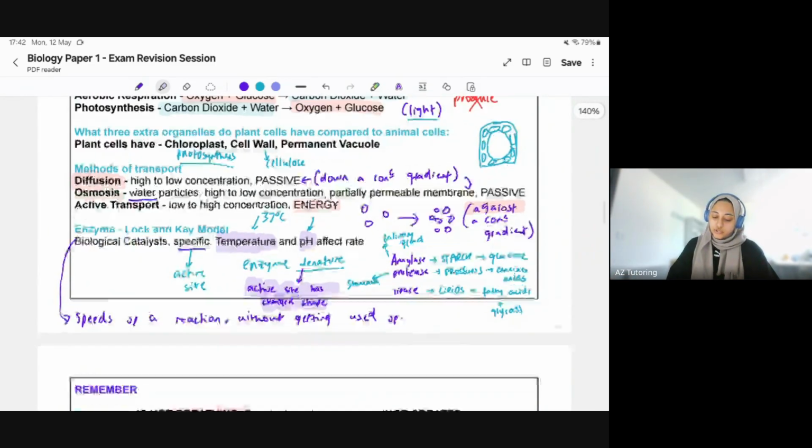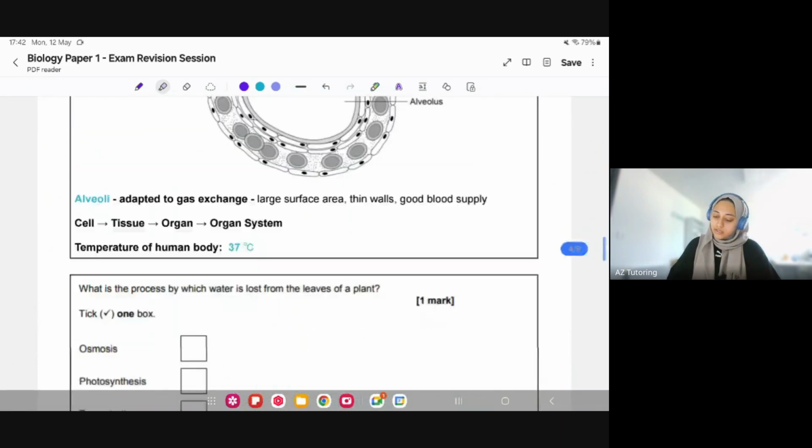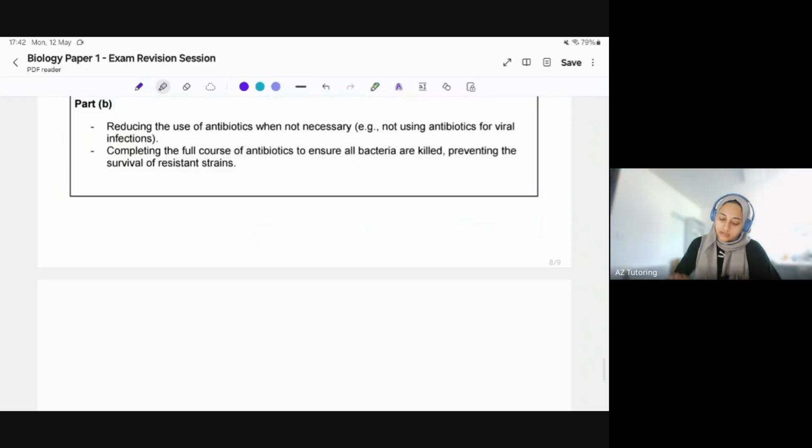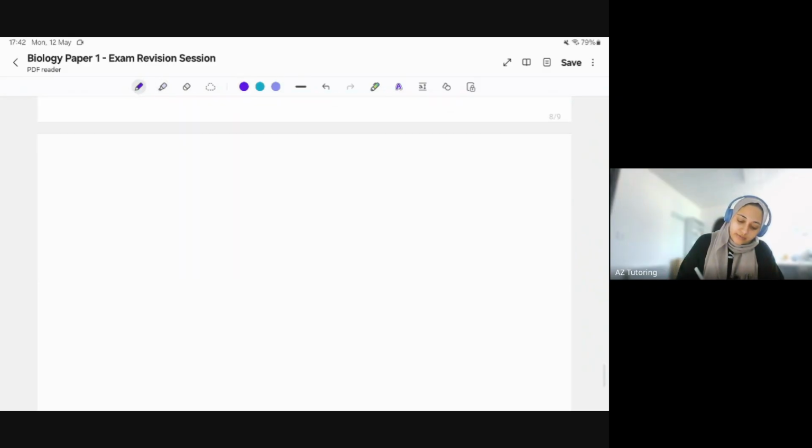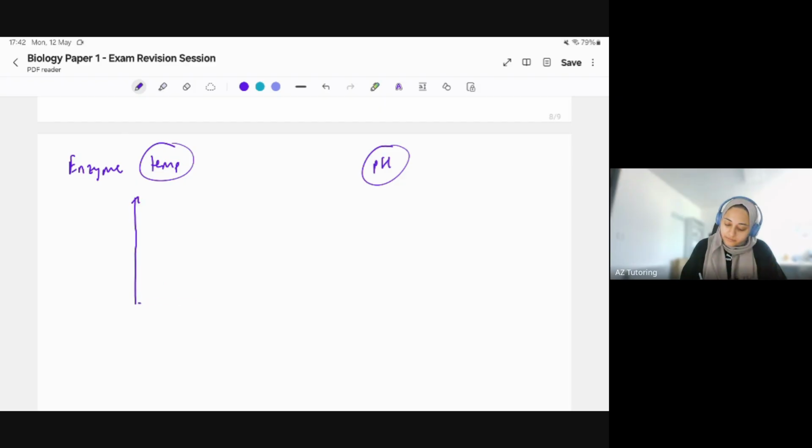Okay, just want to speak about the diagrams quickly about enzymes. With temperature and pH, your temperature graphs tend to look like this. So let's just say this is temperature, so it's increasing as you're going along the x-axis, and then we've got the rate of reaction, so the amount of substrate that's getting broken down.